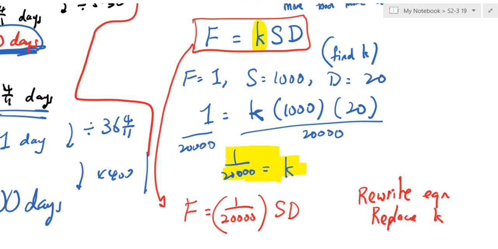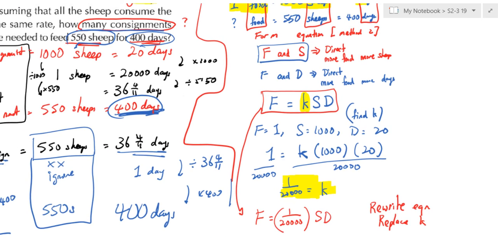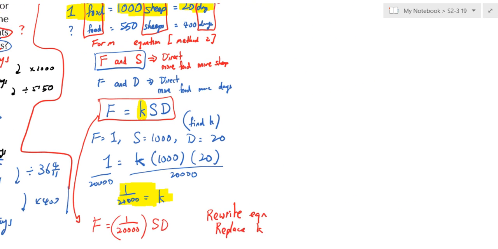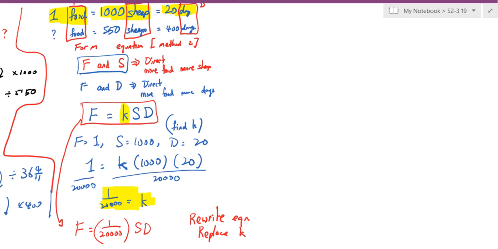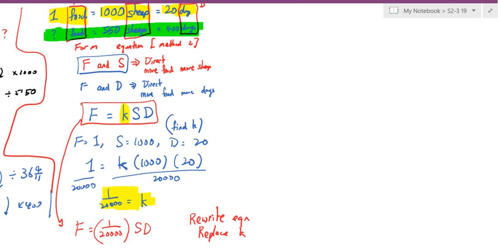Last step, what do I do? I look at the question. The question says what? I want to find F. What is the food when the sheep is 550 and the days is 400? So do you know what I write? Jerome, can you help me?